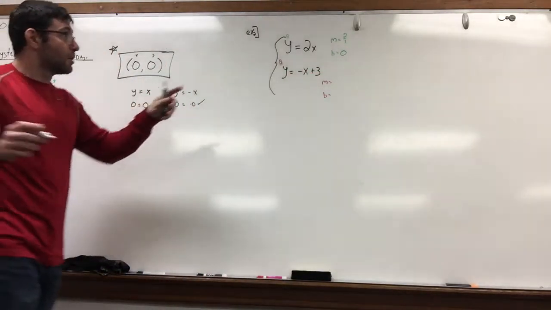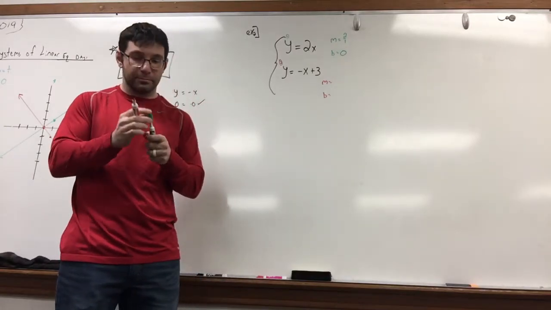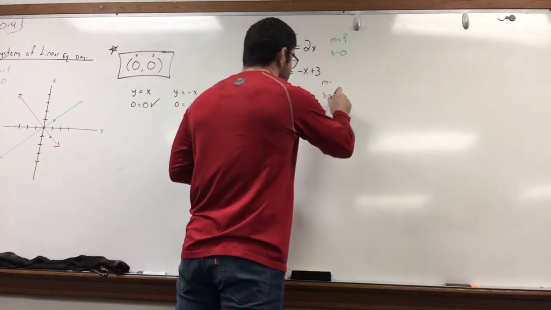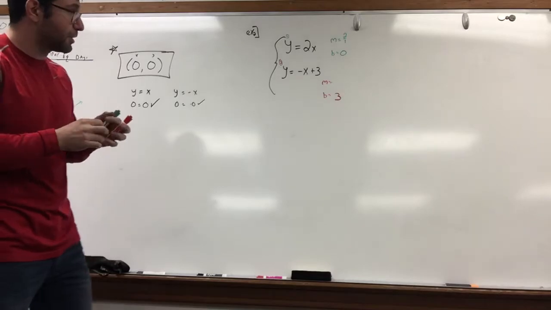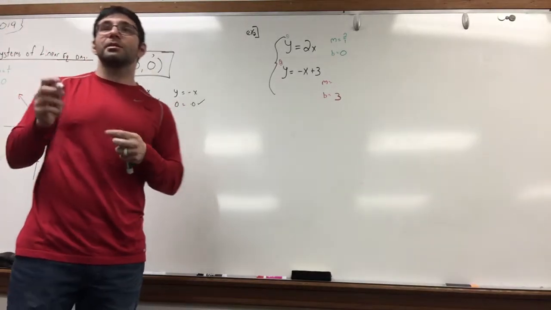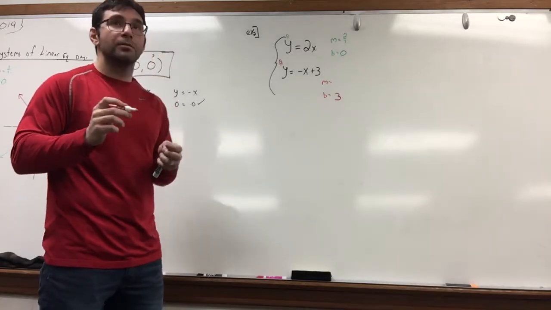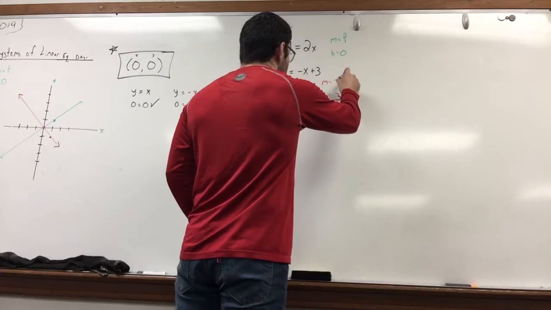Okay, Brooklyn, what's my y-intercept in number 2? 3. Good. Okay, we can take a look at our first example over here if we need some help with it. What's my slope? Nathan? Negative 1 over 1. Very good, sir.